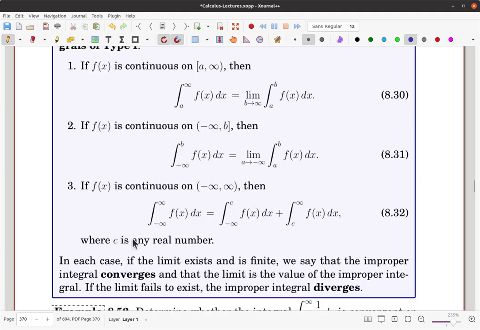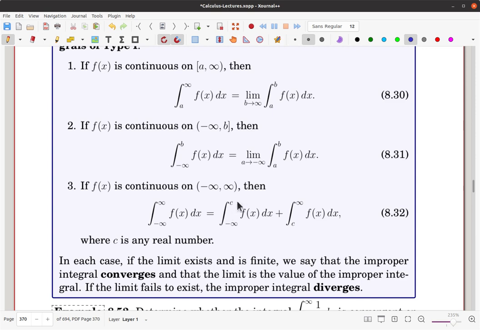Now sometimes the improper integral is defined from minus infinity to infinity, then you have to cut the whole domain along with a point c such that you get a left side and right side integral, and then you sum.